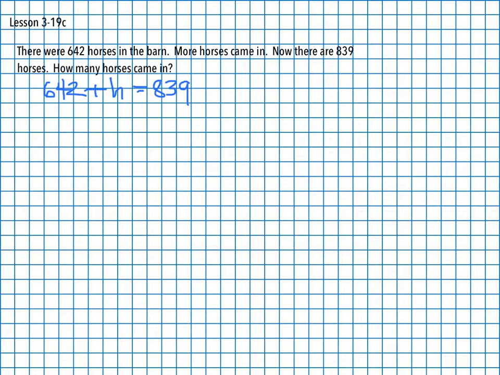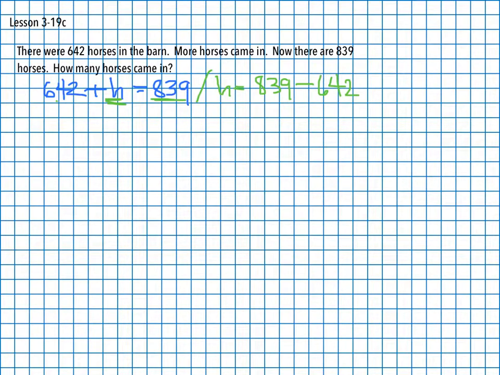And why don't I just switch colors for this, and let's go with a lovely shade of green here. And our solution equation is how we are going to solve it. Let's just draw a line there. So we're going to set it equal to h because the question is we're solving for h. And what we're going to do is take the total new number of horses, which is 839, and subtract the number we started at, which was 642.